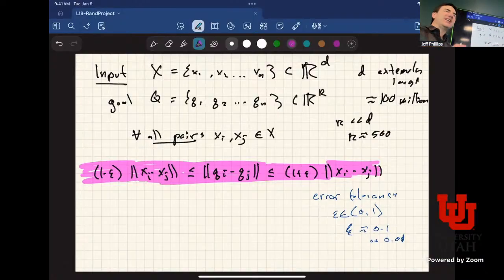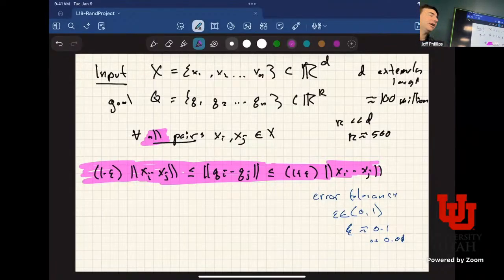So I can pass guarantees directly to all the sorts of things I want to do. This is not necessarily true about all the stuff we talked about in the previous few lectures with things based on PCA. It depends on what is the tail of the distribution. I'm chopping off the tail, the dimensions that have the least information, but if I chop off too much, I might distort a lot of the distances. And this has a guarantee that it's for all pairs, right? So for every distance. The PCA style distances do not have a guarantee for all distances.